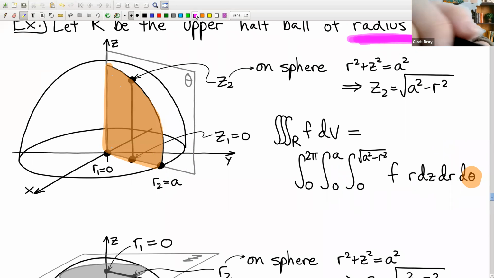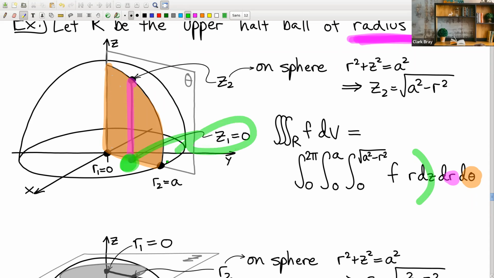Good. Now we fix R. Here's an arbitrary R on our fixed theta. And now let's think about z slices. So, here's the start. And again, sometimes the fish jump in the boat. Z is clearly 0 there, so boom.